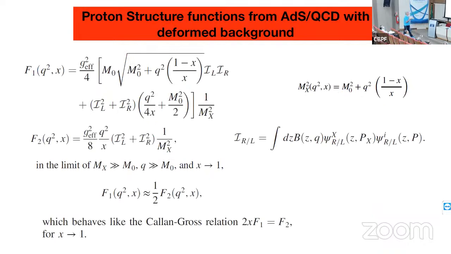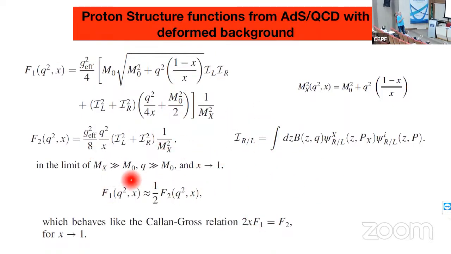And these are the functions that we obtain for the structure functions F1 and F2. They are given in terms of the integrals that I mentioned before, which I repeat here. So we know exactly the behavior in terms of Q squared and x for F1 and F2, and in terms of these integrals, which are numerical in this model.